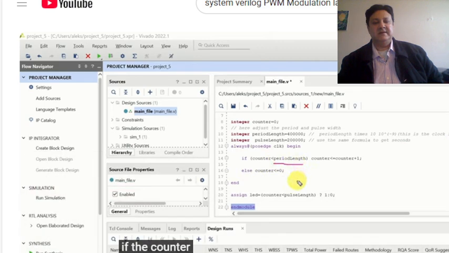Okay, so we are here. If the counter is smaller than the period length, then increment the counter. This means the following.